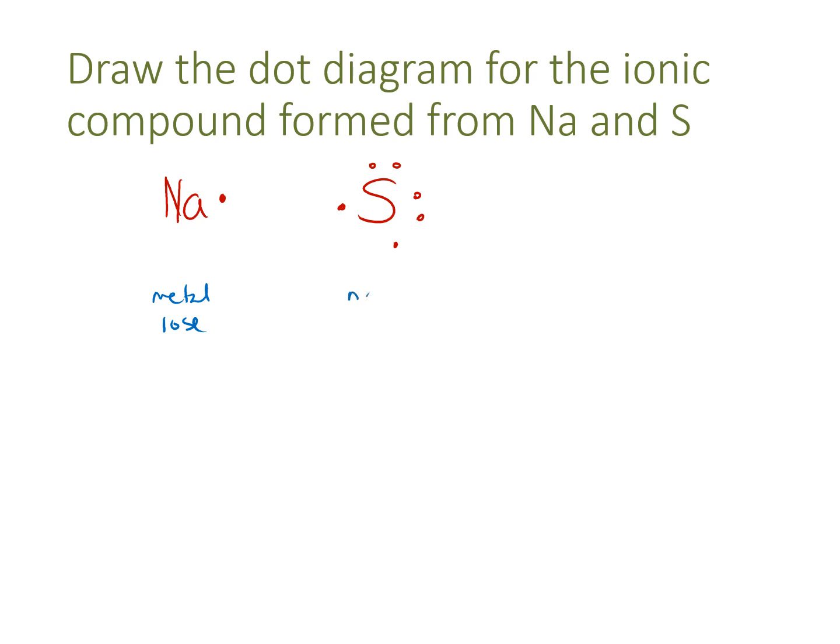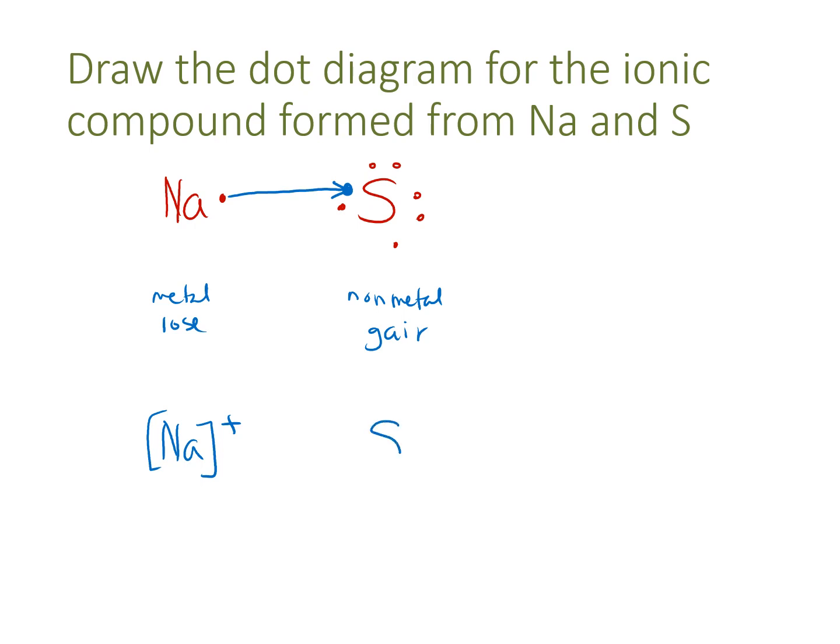This is a nonmetal, and they gain. So it's going to lose it, and it's going to go over to the nonmetal. Note that this is good, right? Sodium now has a plus charge. It's lost its electron. It has no electrons. That's what we want for metals.